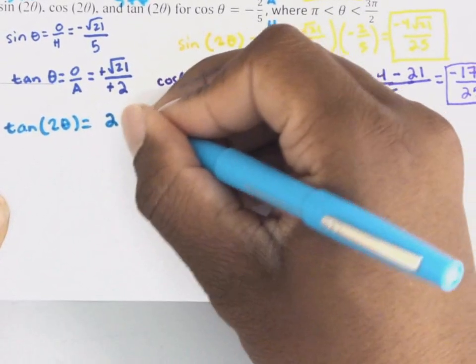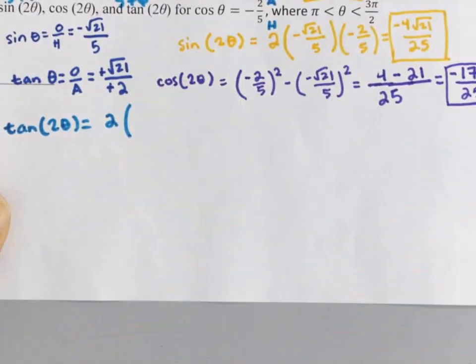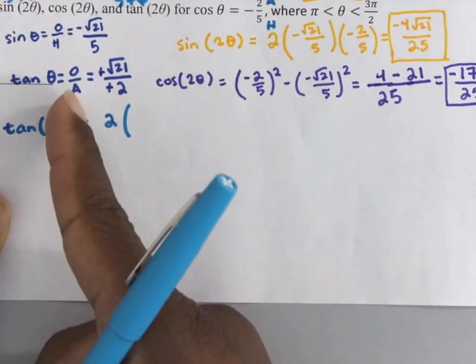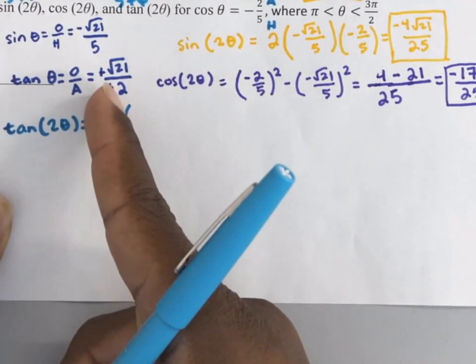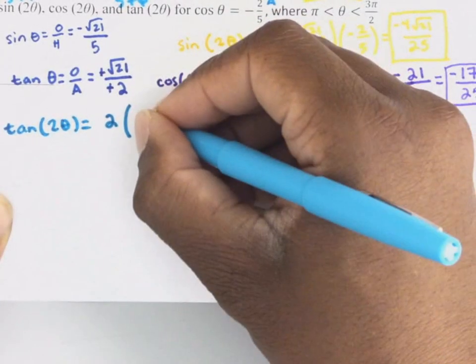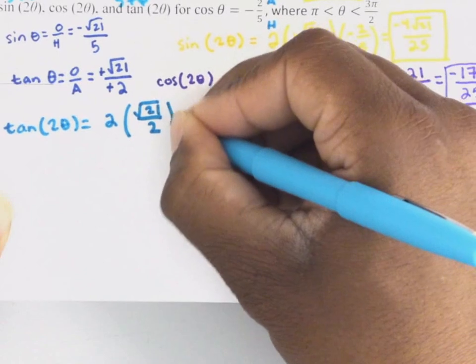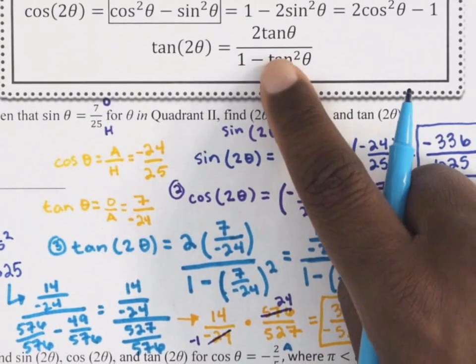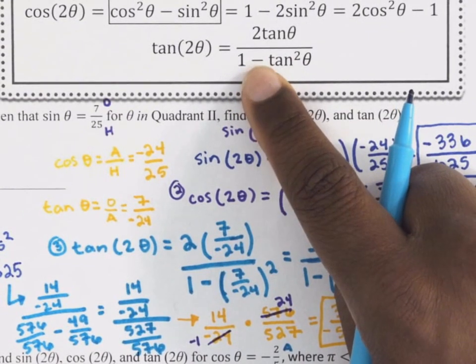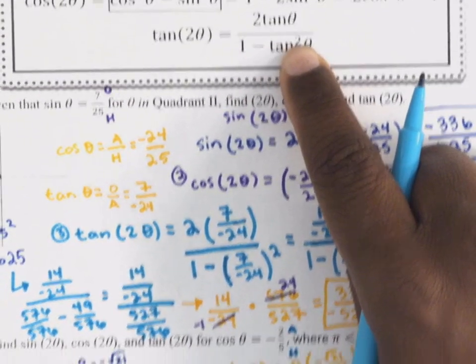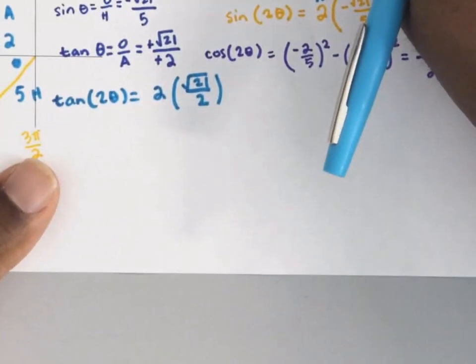So 2 times what? Would it just be the opposite over adjacent? Yep, opposite over adjacent. Or is that 21 over 2? Yep, root 21 over 2. Good job. Root 21 over 2. And then I follow the formula. So divided by 1 minus that same fraction squared.